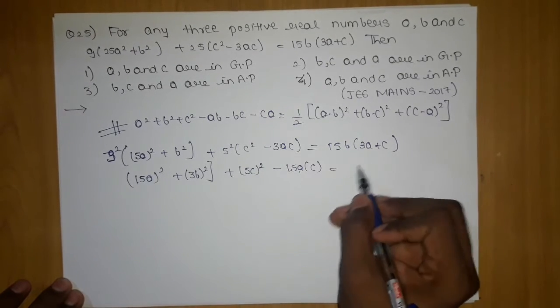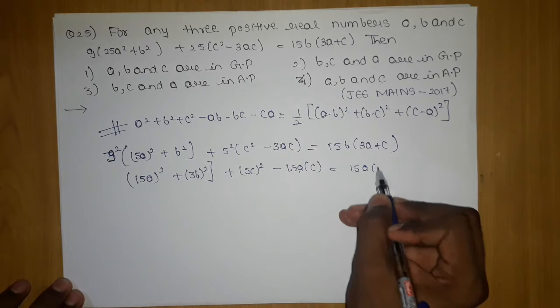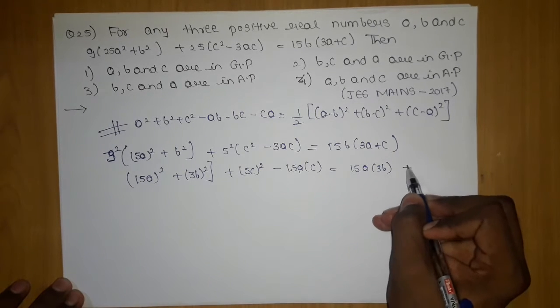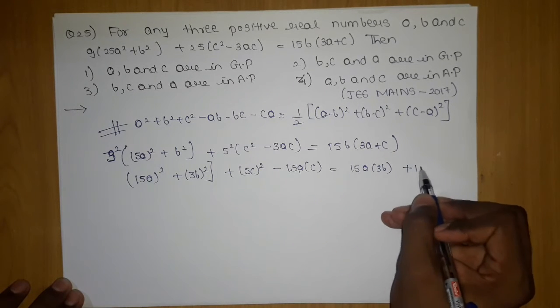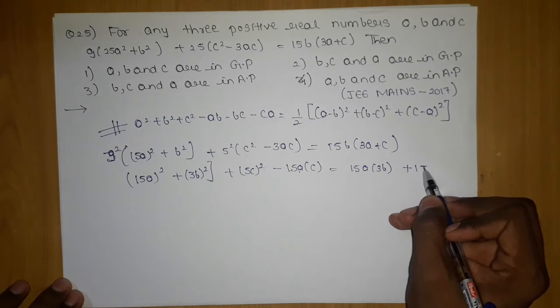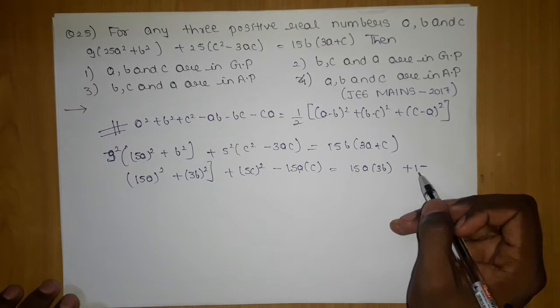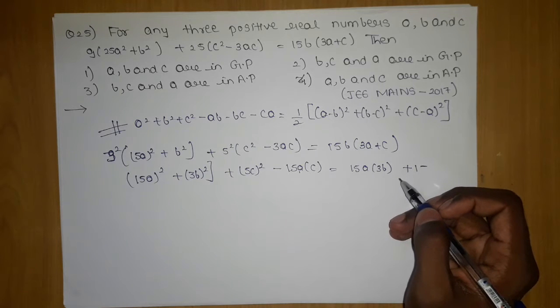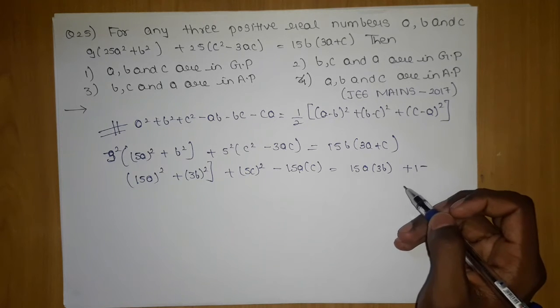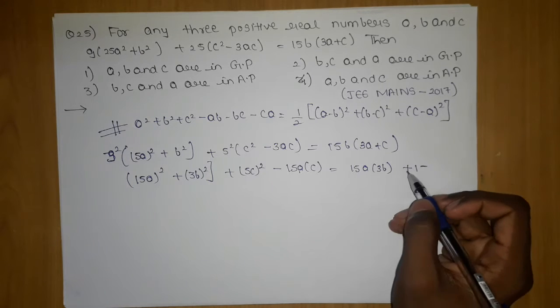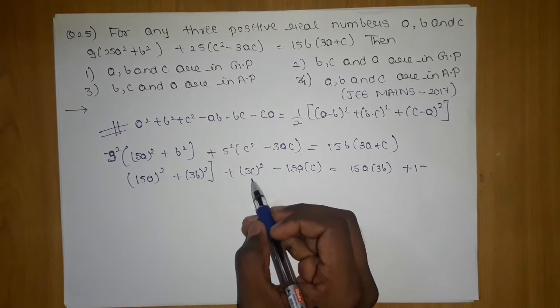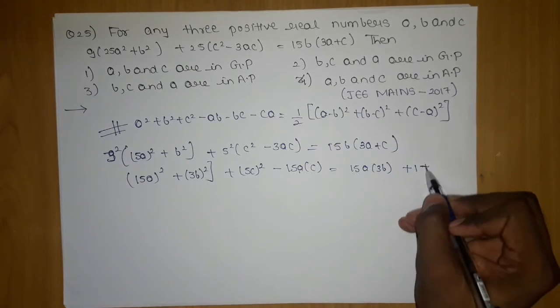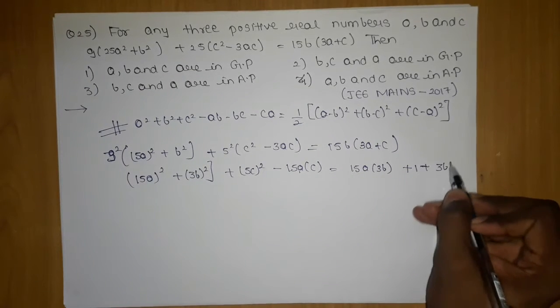If I multiply it here, 15a and 3b, plus lastly it will be 15b into c. So b is 3b and c is 5c, so I can write it as 3b and 5c.